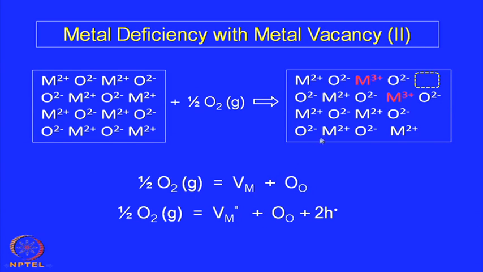And finally, once again the difference here is, in this case the metal is increasing its valency. In earlier cases when the oxygen deficiency was there, the metal was decreasing its valency from 2 plus to 1 plus. In this particular case, when the metal deficiency is there, the metal is going from 2 plus to 3 plus.